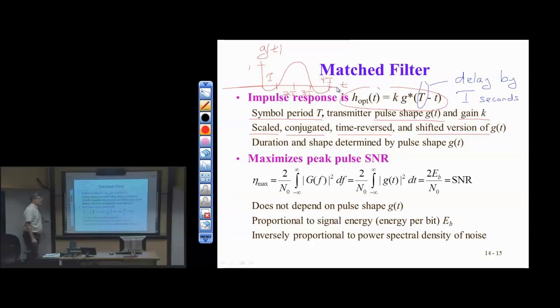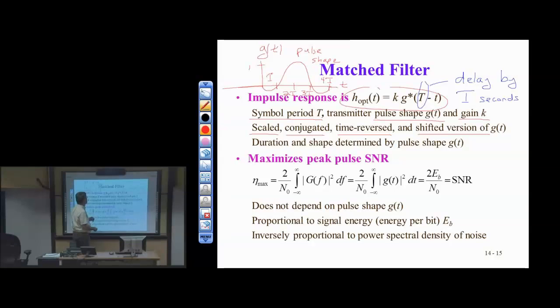And if I apply the match filter formula, this is now my pulse shape. To get the impulse response of the match filter, I want to flip this in time and delay it by only 1 symbol time. Well, that won't be causal. So in practice, we want to make the impulse response causal, so we will delay it enough to make it causal.